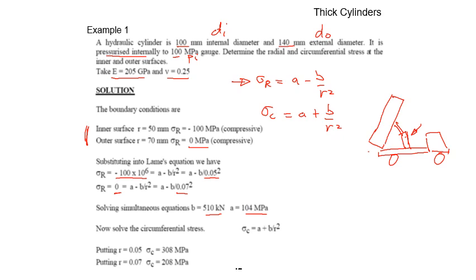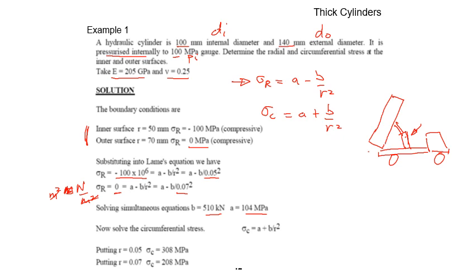So if this is meganewton or kilonewton or whatever unit you have, Newton per meter squared, and R is meter, so you can cancel out. Sorry, meter squared, because that's R squared. So we are left with Newton. Okay, so we cancel out both sides.